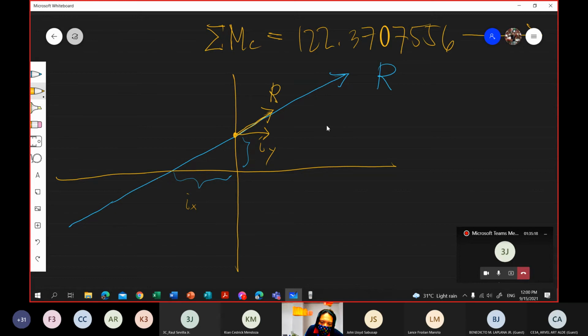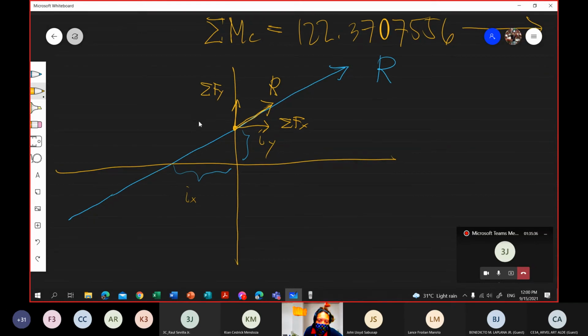This is the resultant. This is your Rx, the summation of Fx. This is the summation of Fy. Di ba ang component ng resultant ang summation Fx ang summation Fy?